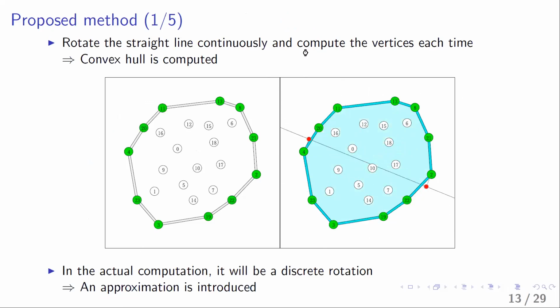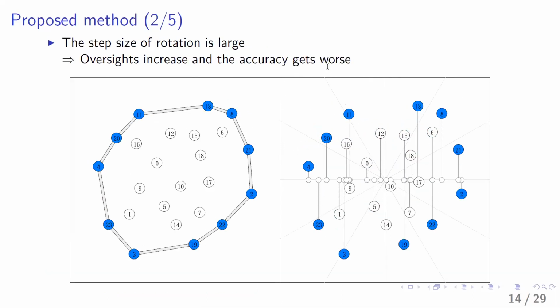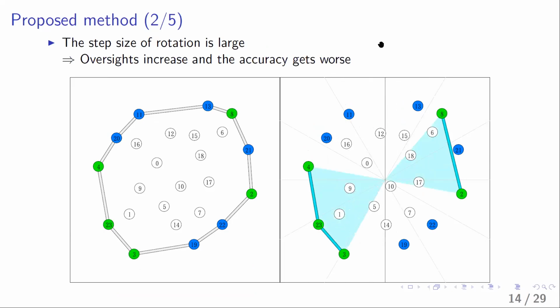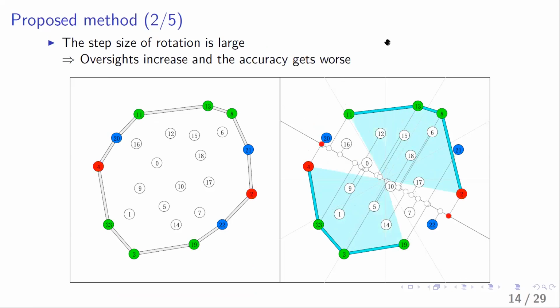However, in the actual computation, the rotation is discrete. Therefore, an approximation is introduced. At this time, if the step size of the rotation is large, oversights of the convex hull vertices increase. Therefore, the accuracy gets worse. In the figure, there are 3 oversights, and the figure on the right shows the approximated convex hull.